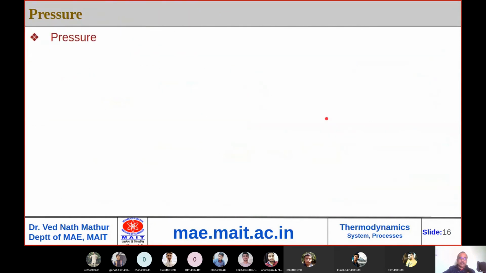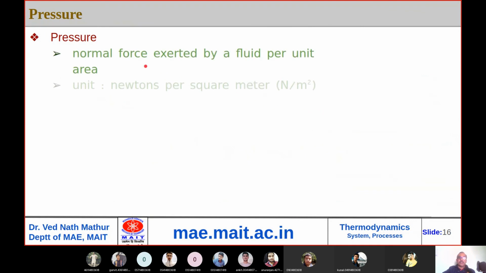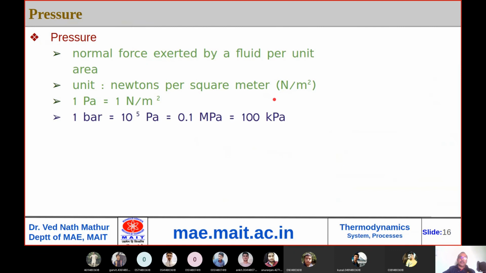So a few points regarding pressure. Pressure is defined as the normal force exerted by a fluid per unit area. The unit is Newton per square meter, also called Pascal. Now 1 bar is 10 to the power 5 Pascal, also equal to 0.1 megapascal or 100 kilopascal. This is the one which we'll be using for most of our calculations.